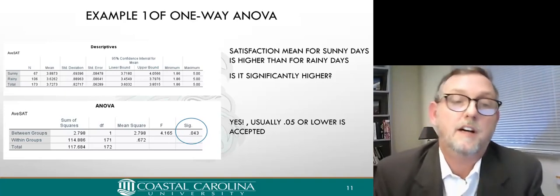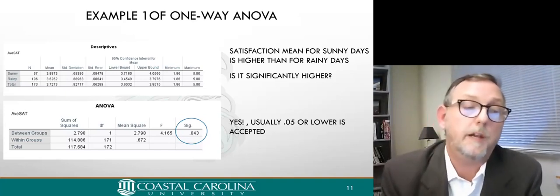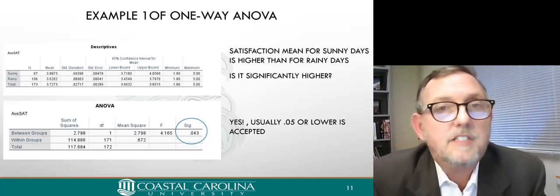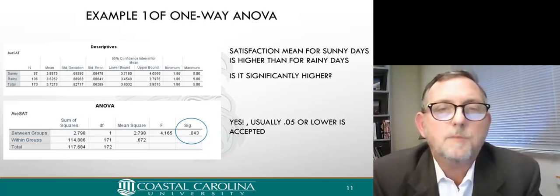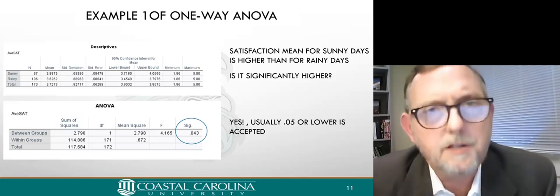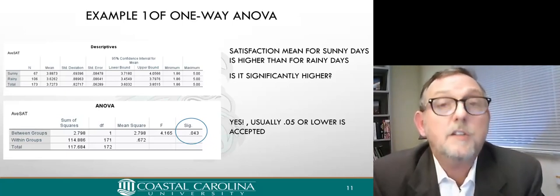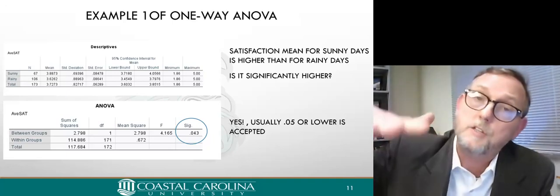So we look down below. We look at, in this case, the F statistic, and we see that it's 0.043. Typically, we look for a 0.05 or lower. That's usually the benchmark, and we want it to be low. The lower, the better on this.